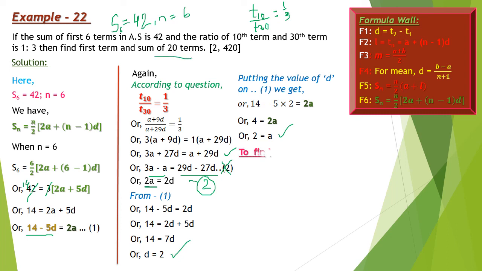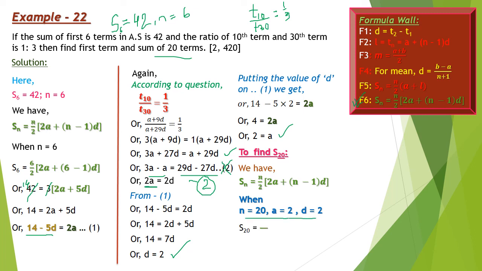To find S20, we have our Sn formula, and with these values, n equal to 20, a equal to 2, and d equal to 2, we can easily find S20.